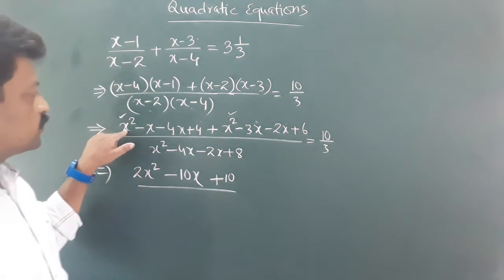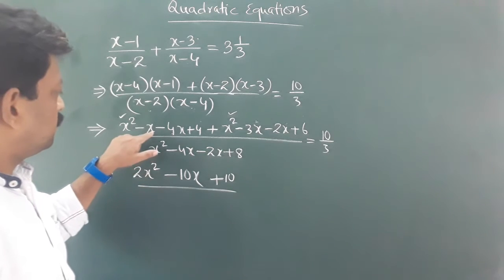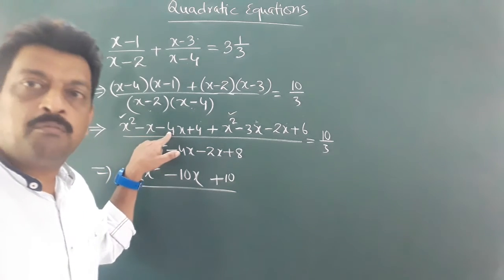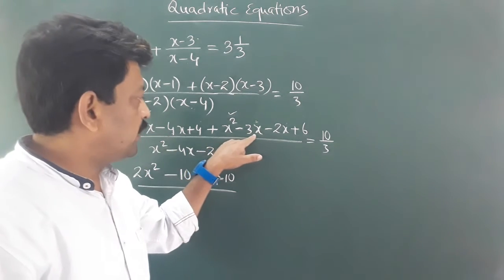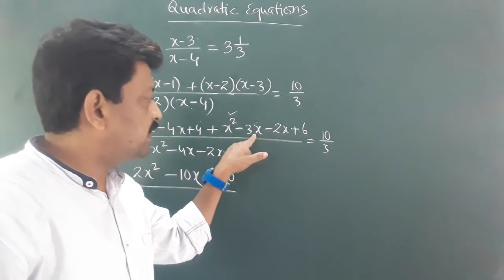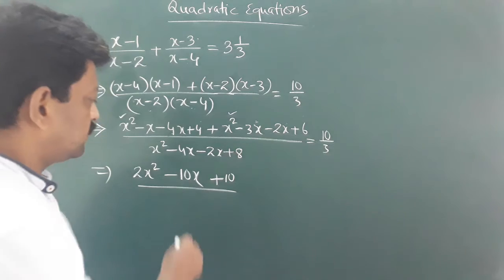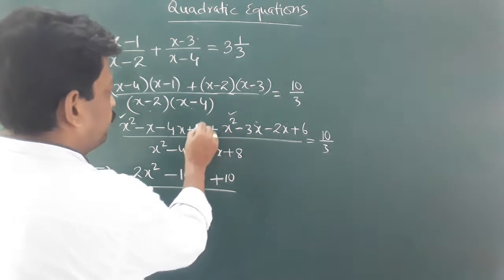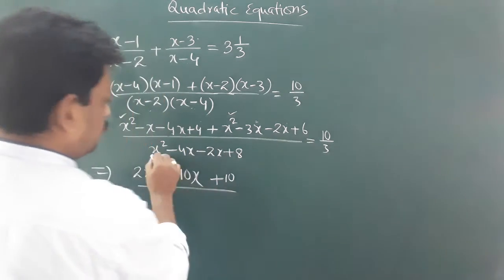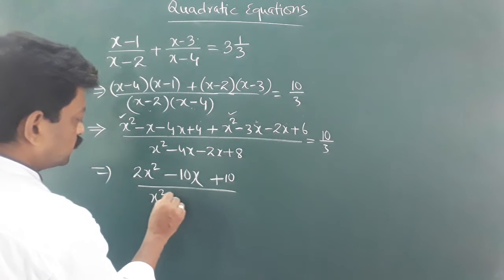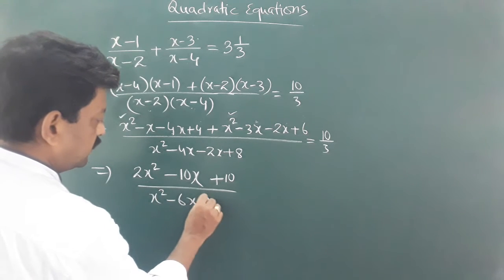Done. Denominator: x square minus 6x plus 8.